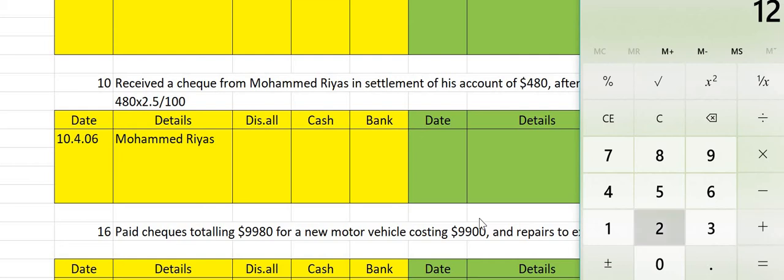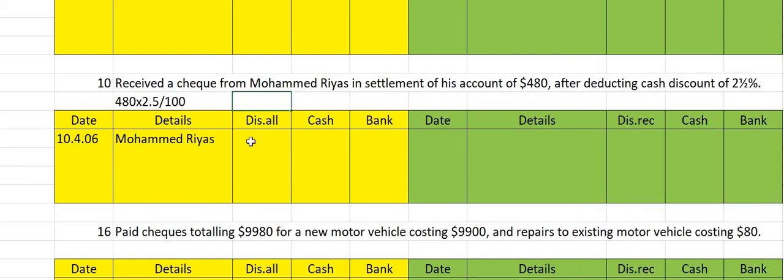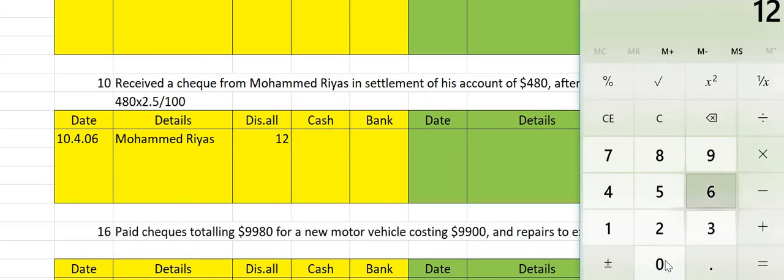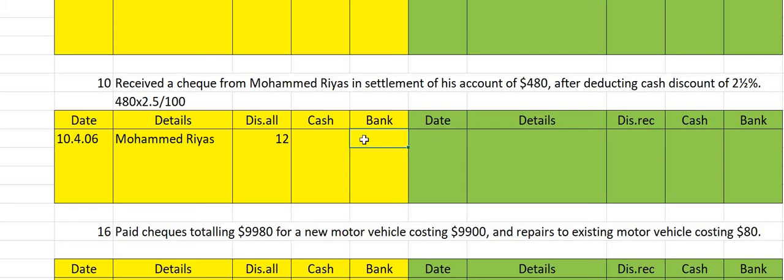So how much is the discount allowed? 12. So you enter 12 here, and then from 480 you're supposed to remove that 12. Sorry, it's a mistake. 480 take away 12 is 468. So you received a cheque, so you enter it in the bank column.